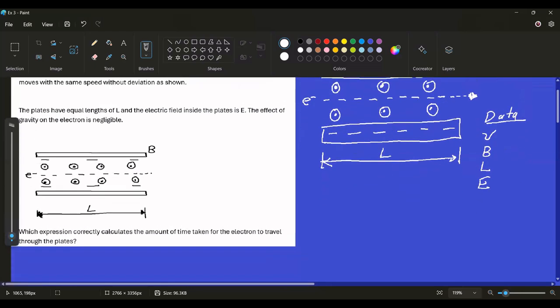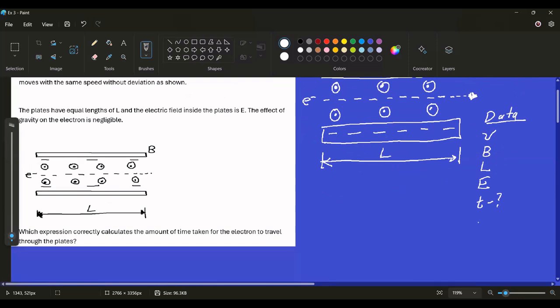Now, which expression correctly calculates the amount of time? So they need time. You do realize that here, they're not really looking for values, right? Because they haven't given us any values. They didn't tell us that the electric field is 2 or 3 Tesla.